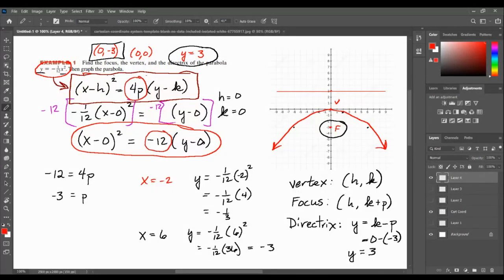So this information right here is on the formula sheet. I looked at the top half, or the top formula within the parabola section, and the focus and directrix on the top, because x was squared but y was not.